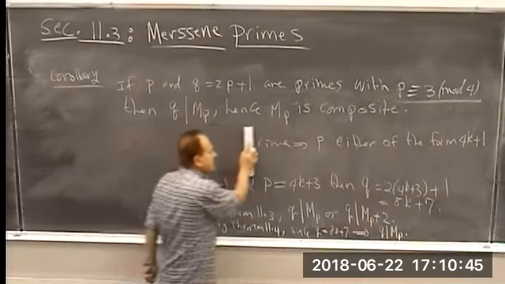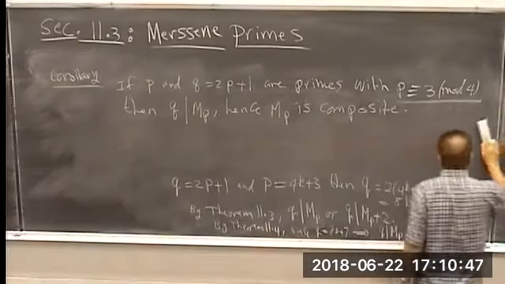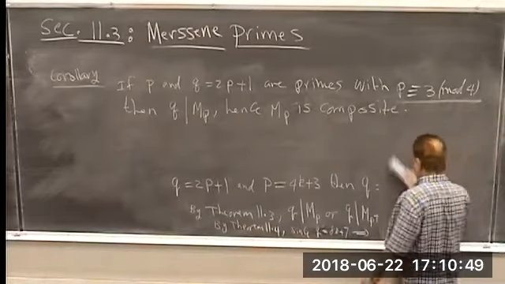Let's assume P is of the form 4k plus 1.